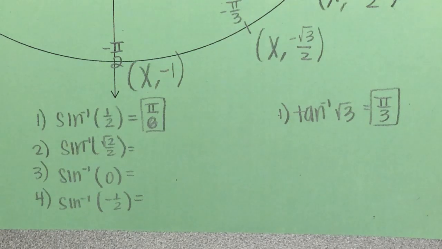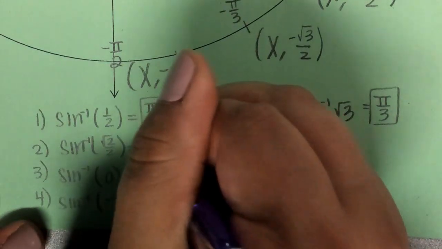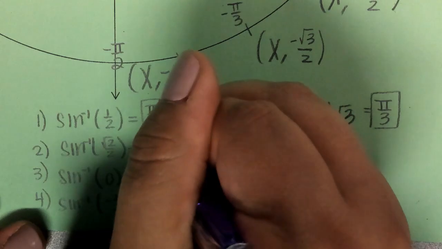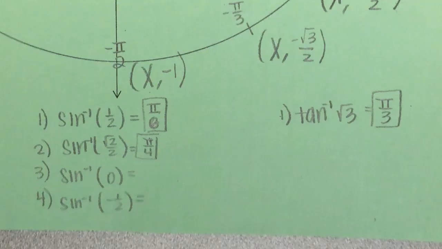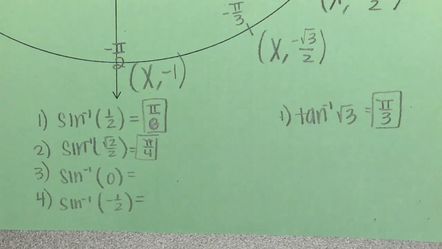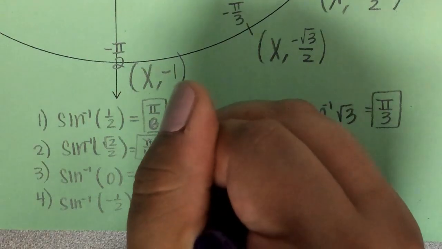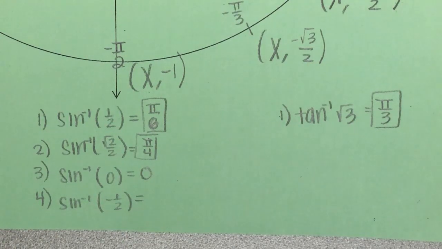Where is sine square root of 2 over 2? Pi over 4. That's our answer. Where is the y square root of 2 over 2? Where is sine 0? Ooh, sine. What sine? Your y. Where is y 0? 0. How come we're not putting pi?